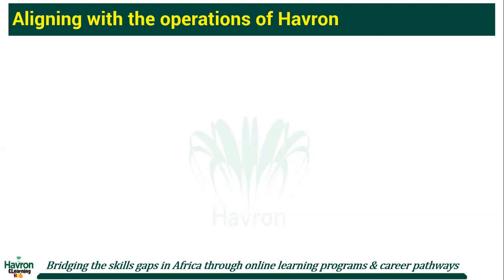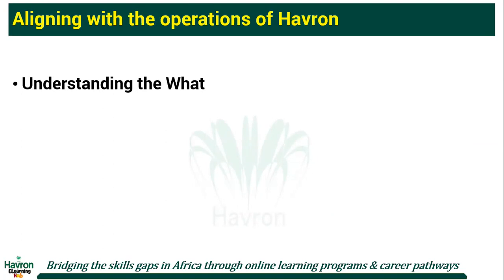Now, how do we align with the operations of Havron as ambassadors? One, we need to understand the what. In this case, we had gradually built our partnership with other organizations. And so we have different programs from different organizations.